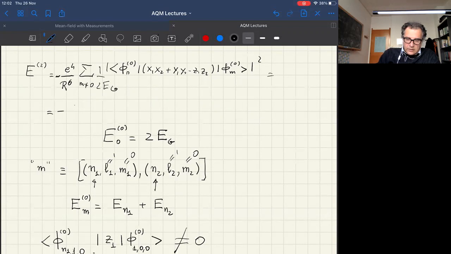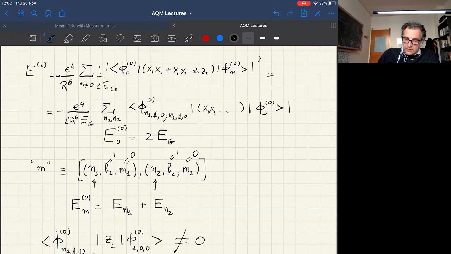This is equal to minus e squared over r to the 6, then I have 2 Eg, and then I have the sum over n1 and n2 of phi 0 of n1 1 0 and n2 1 0, then I have x1 x2 and then I have the ground state. Okay, yes, tell me.